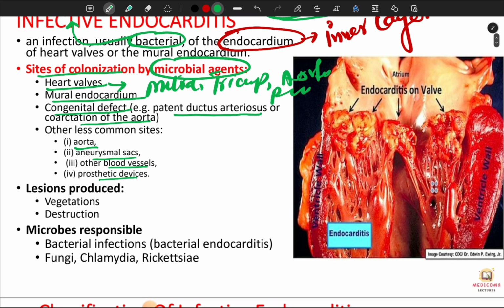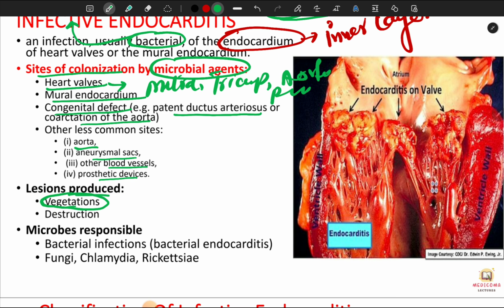And what are the lesions produced in this condition? We will discuss the lesions which are produced in infective endocarditis. First of all, vegetations. What is a vegetation? These are the lesions seen at the site of colonization and invasion.